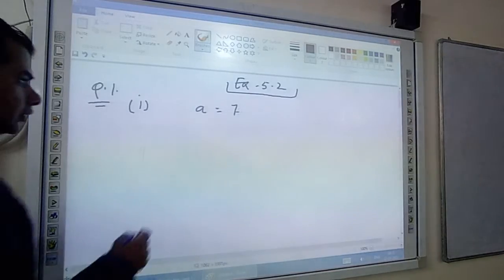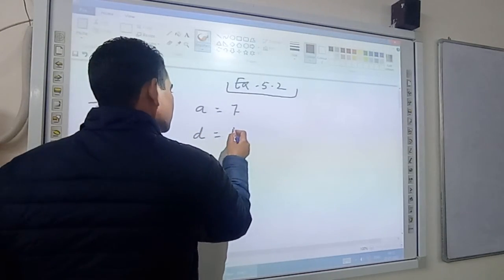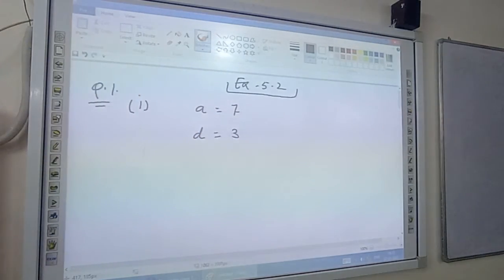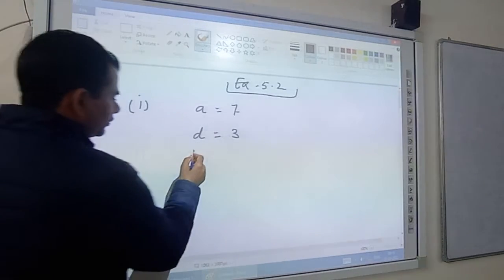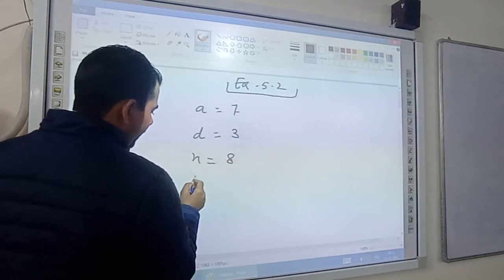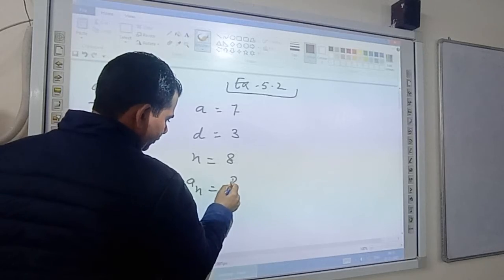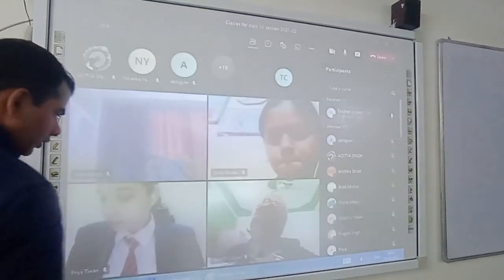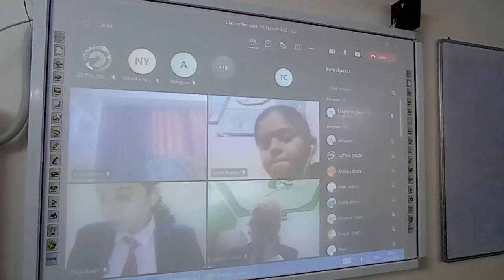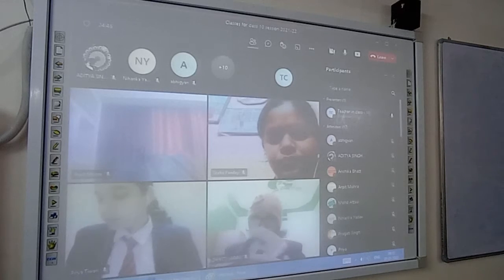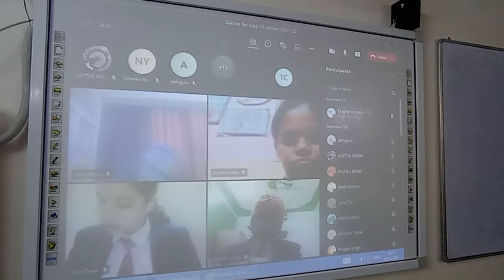D is 3, n is 8, and A and An we have to find out. In this question, A is given, D is given, n is given.